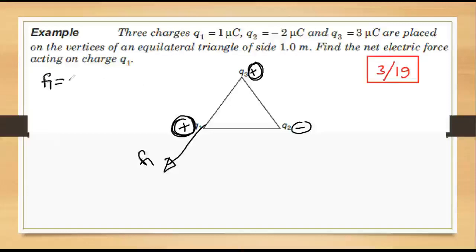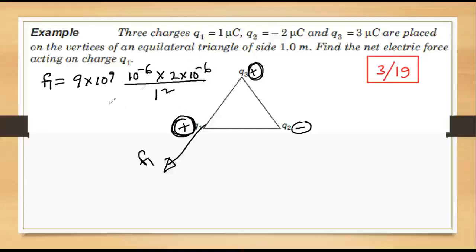The value of F1 we can calculate as 9 into 10 to the power 9, Q1 is 1 into 10 to the power minus 6, and Q2 is 2 into 10 to the power minus 6, divided by 1 square.